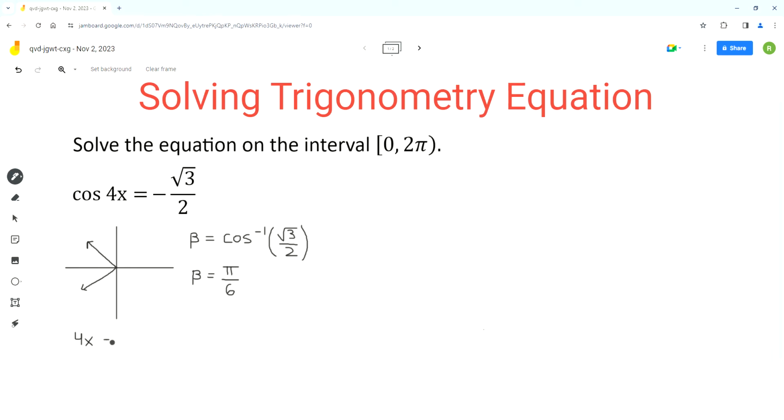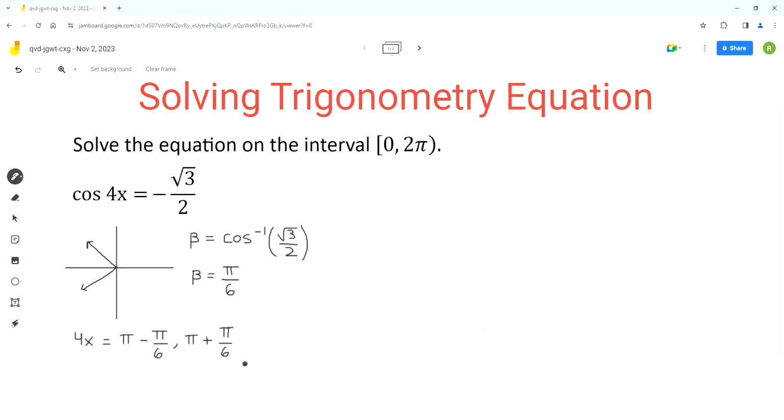So 4x is equal to, in the second quadrant, pi minus the reference angle, pi over 6. In the third quadrant, we will do pi plus the reference angle, pi over 6.